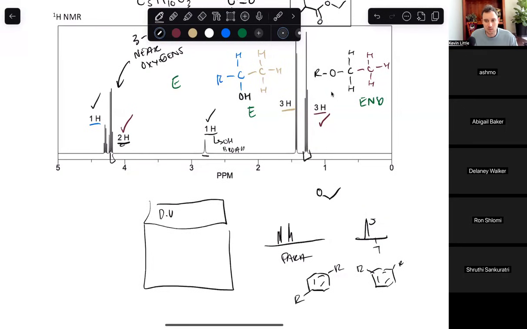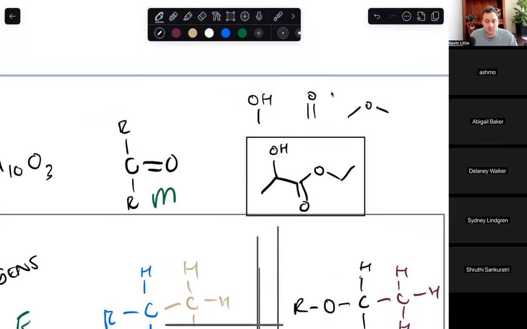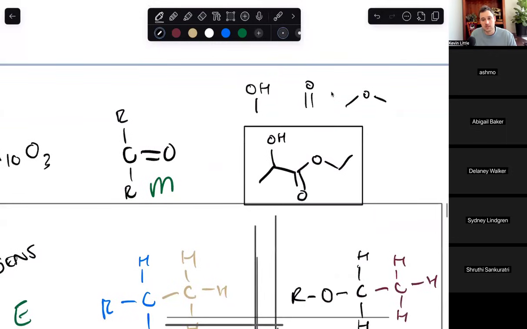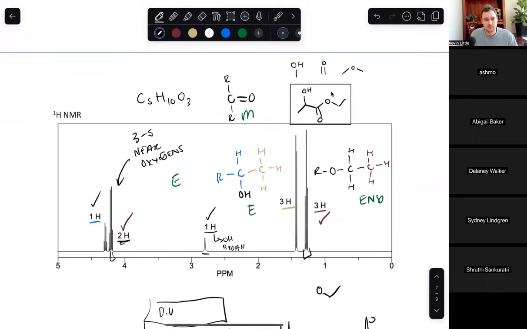As you get better, the goal is that you see these patterns right off the bat. They're not something that you're having to sit there and draw every little mini fragment about. You can just say, I've got an ethyl group. I probably have an ester. I have an OH most likely. I can put all those pieces together really fast because I recognize those patterns.